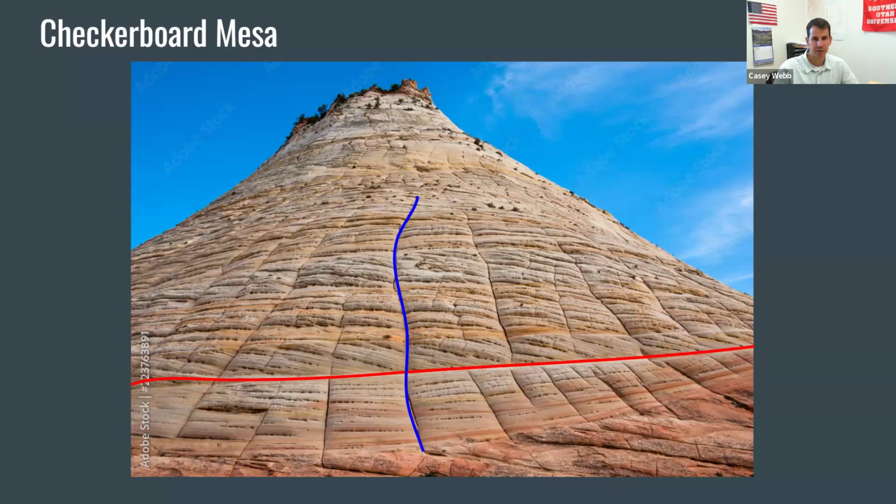So the current reasoning behind these vertical lines is that they are fractures created from water seeping into the porous Navajo sandstone and then expanding and wedging the rock apart. So Checkerboard Mesa is a combination of intersecting lines from freeze-thaw, from water freezing and thawing, and also from these depositional lines from cross-bedding.